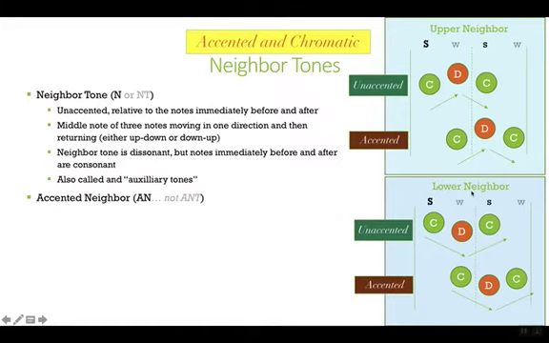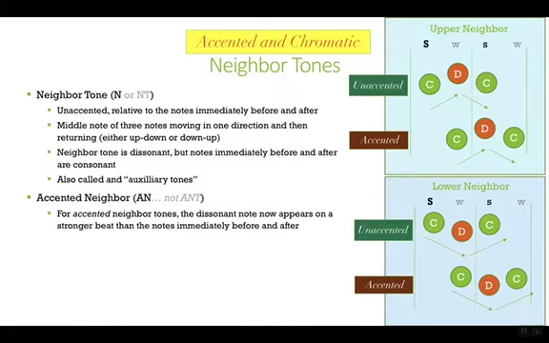You can do that. I don't require you to do that. I think Laitz does it in some chapters, but by this point, he doesn't usually pay that much attention to it. So I also do not. Okay, so for accented neighbor tones, the dissonant note now appears on a stronger beat than the notes immediately before and after. And I guess that's all we needed to know about that.